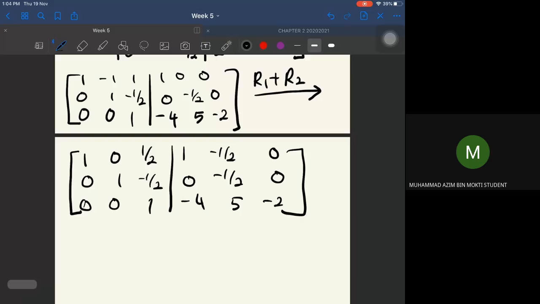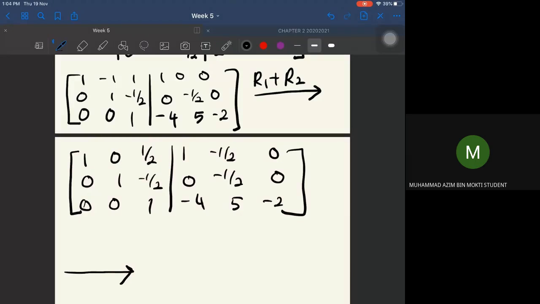So next step kita nak jadikan ni kosong, baru dia jadi identiti. Cuba bagi saya equation yang terlibat untuk jadikan ni kosong dulu. What will be the equation?